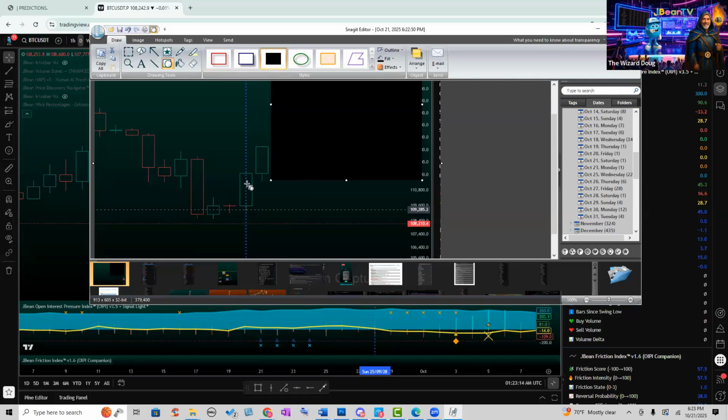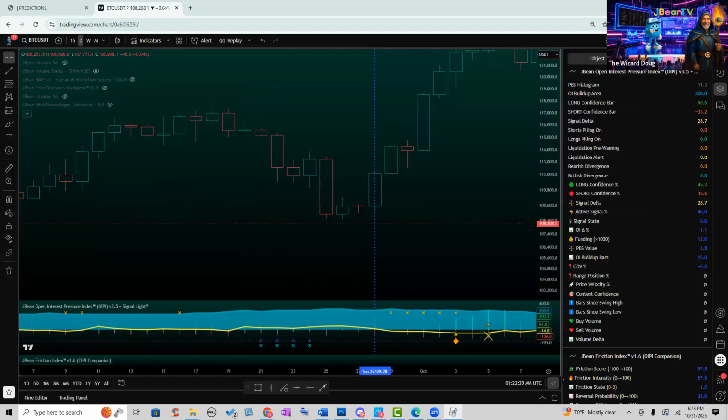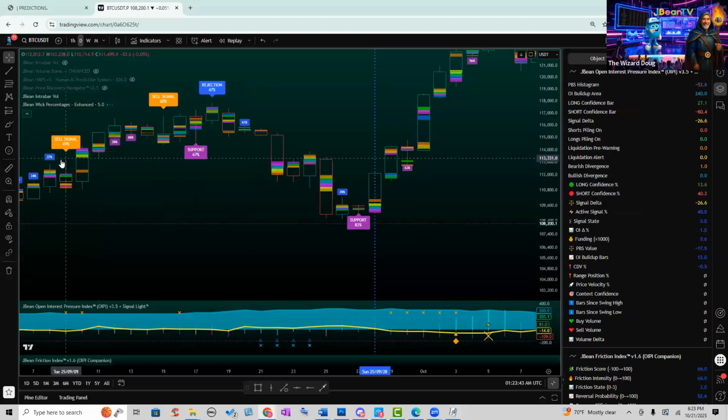This is what everybody sees. But there's so much to the story inside these candles that nobody has access to. You guys now have access to it at really a professional level pieces of software that hedge funds and institutional traders would use. This is really the insight that people need to have. Okay, so I'm going to turn this back on and this back on.